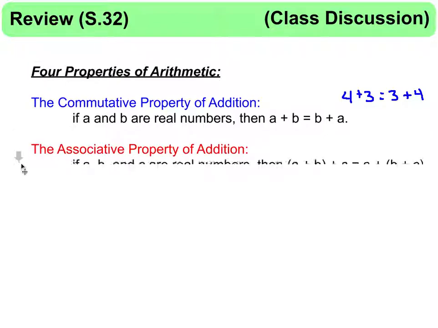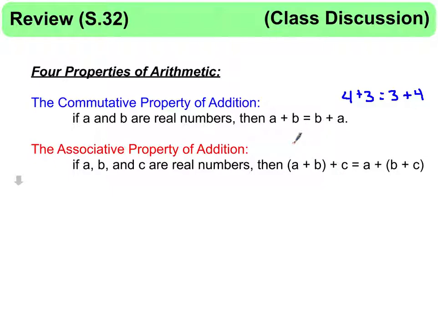If we scroll down and look at the next one, the associative property of addition, this is where grouping symbols come into play. For example, if I have A plus B in parentheses, and then plus C, it equals the same 3 numbers, but now that B plus C is grouped.